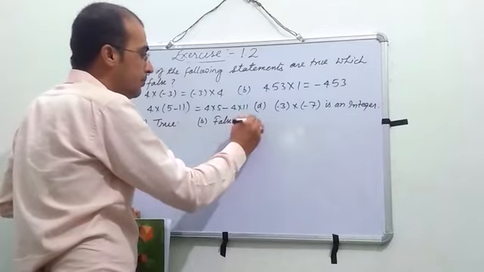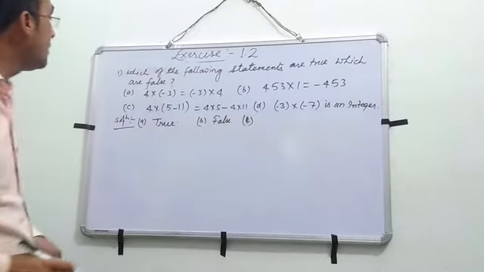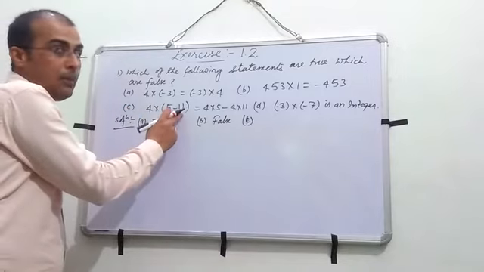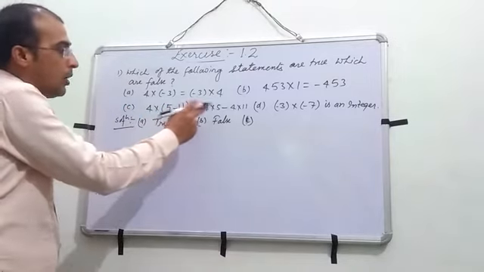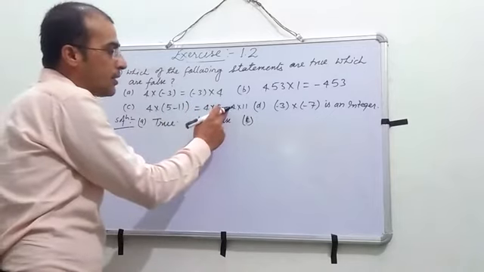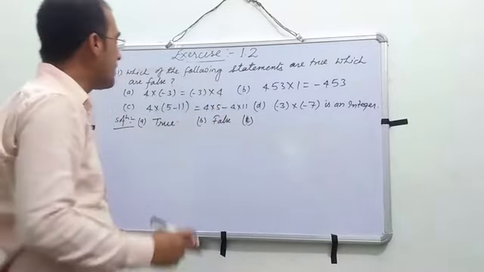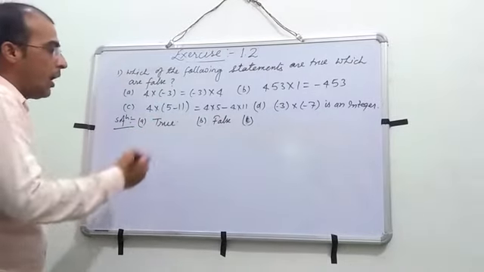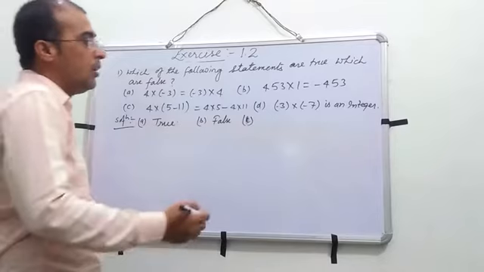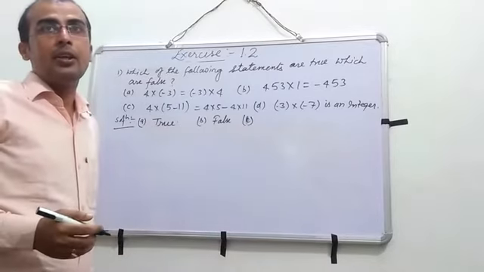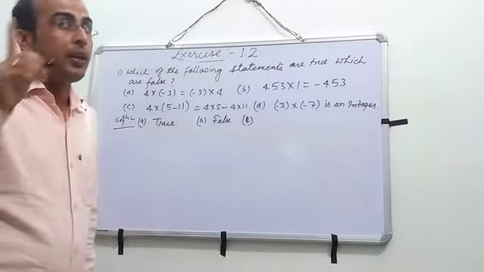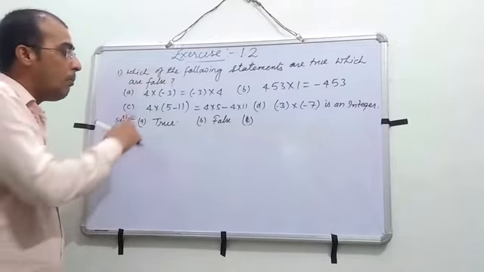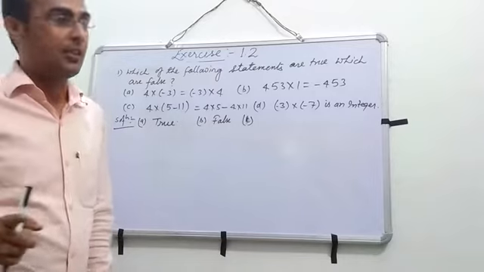C part is here. What is C part? 4 into, in brackets, 5 minus 11 equal to 4 into 5 minus 4 into 11. What can you say about this statement? This is the distributive property. We know the distributive property of multiplication over addition, but here it is given the distributive property of multiplication over subtraction.